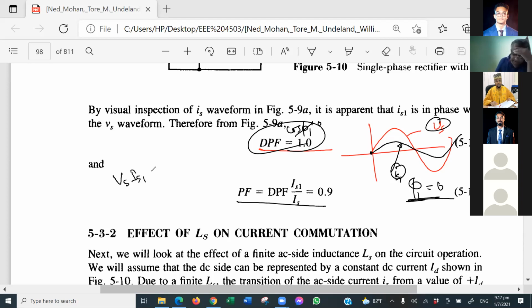Then the input power factor must be equal to the input power over Vs IS1. This is the input power, and 0.9 Vs Id is the output power. Input power is equal to output power for a lossless transmission.